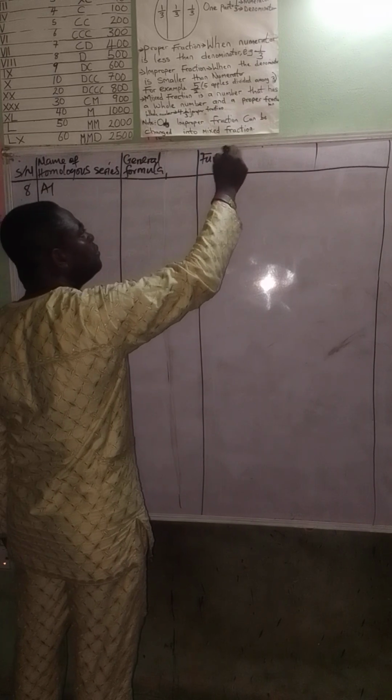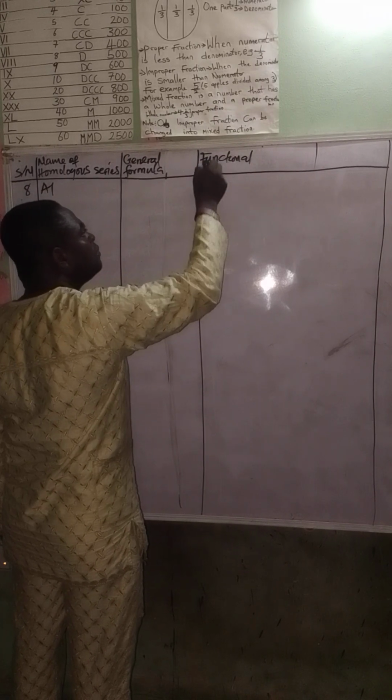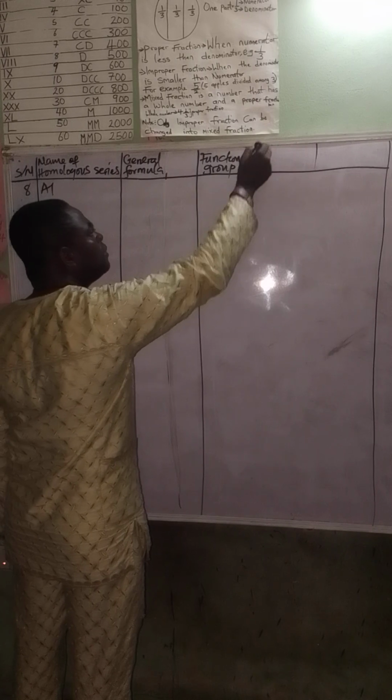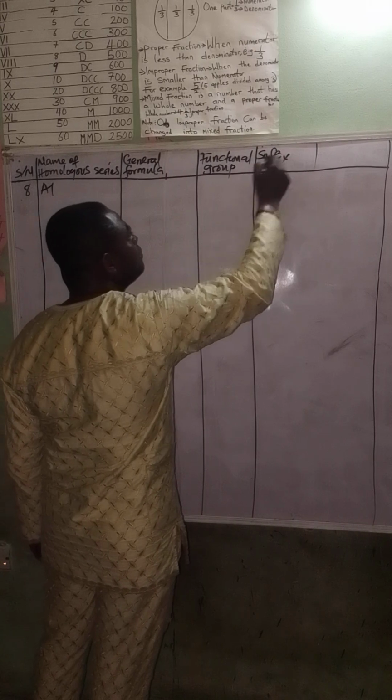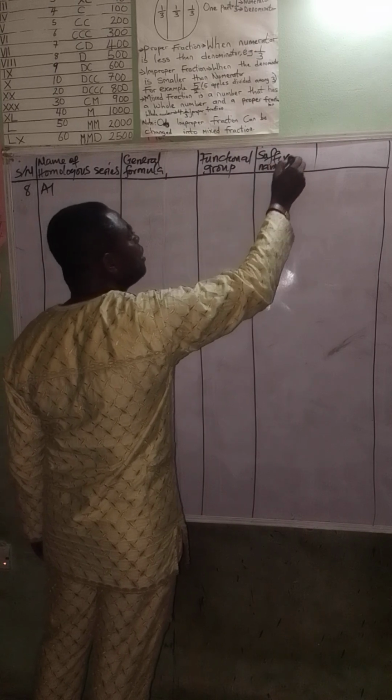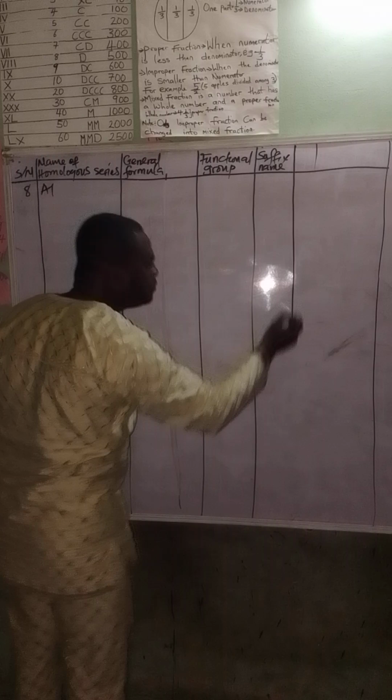The functional group. Then the next thing to look at is suffix name, suffix name of the functional group. Then the next thing is prefix name.